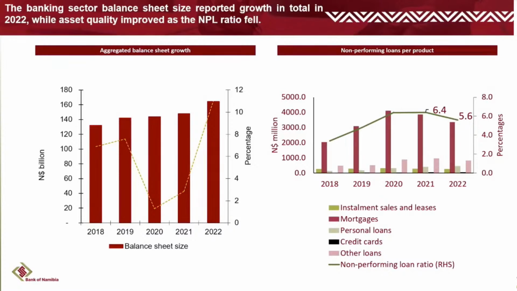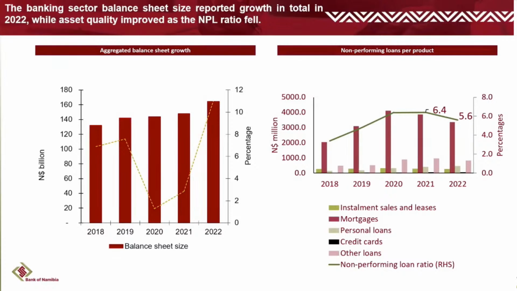The banking sector balance sheet reported growth in total in 2020, while asset quality improved as the non-performing loans ratio fell. In line with economic recovery that boosted household and corporate income, non-performing loans declined, and the non-performing loans ratio to total loans declined to 5.6% at the end of 2022, lower than the 6.4% recorded a year earlier.